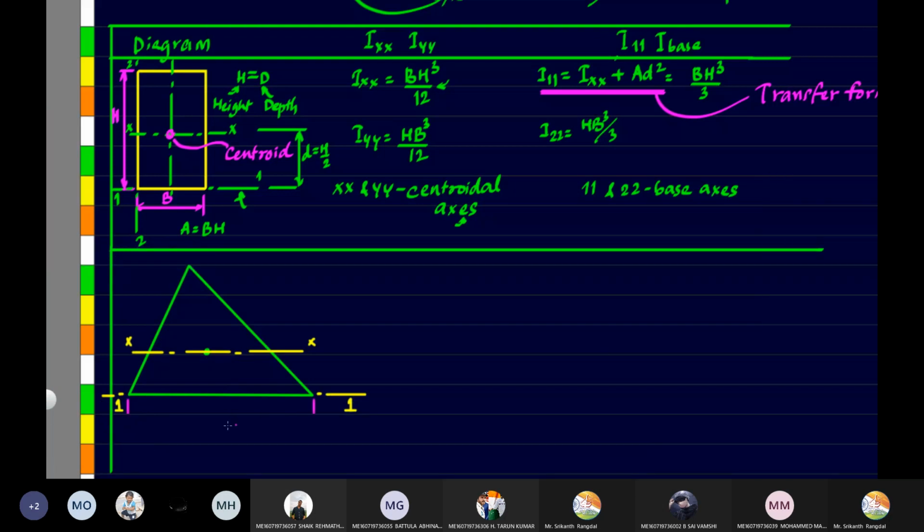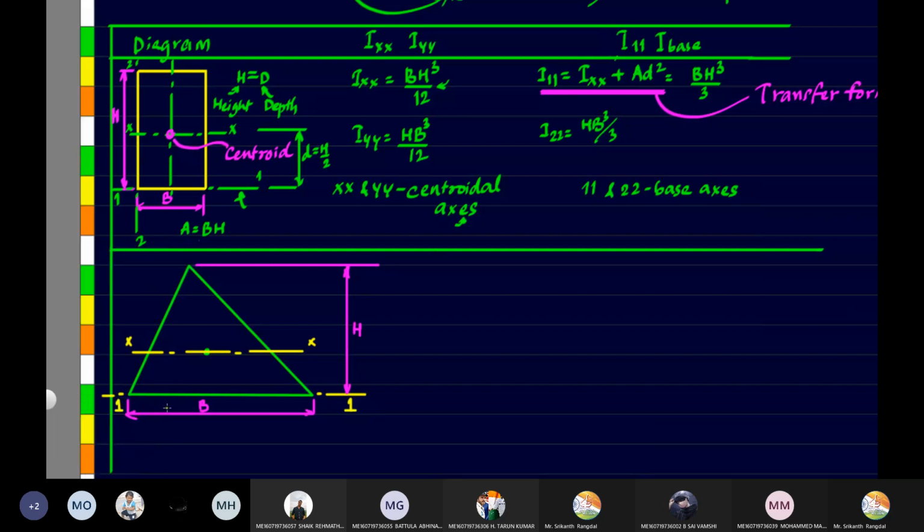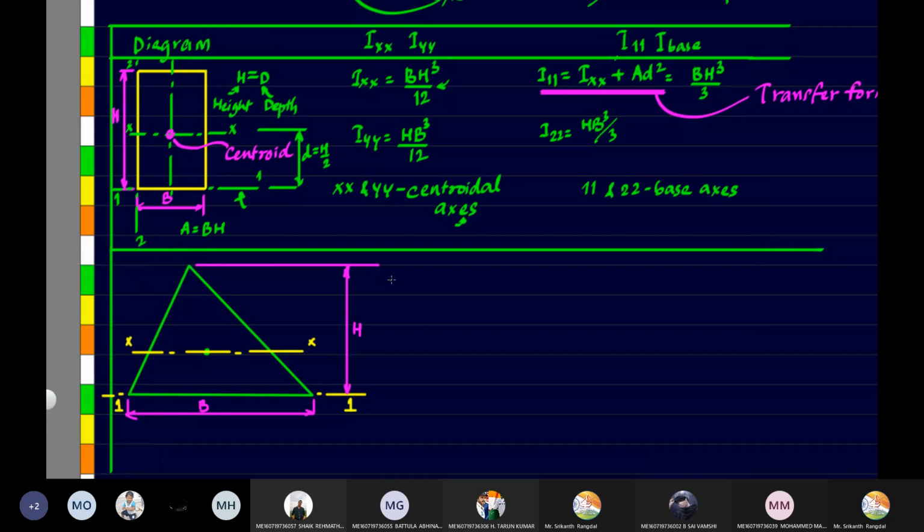And once again the lengths. This length here, I'll take it as b, and this distance, again, some books call this as d, the depth. Some books call it as h. I personally like the h because it gives me the height. Depth is slightly confusing for me, so I avoid using it. So now tell me again, what is ixx here?